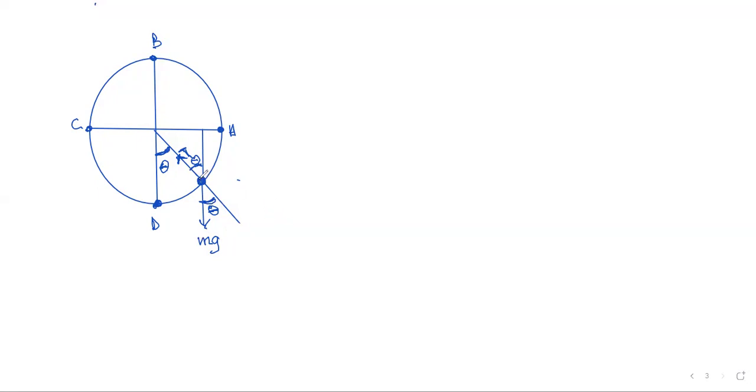All right. Now, if this is theta, then we have the weight vector mg tilted at an angle theta here. And in physics, whenever a vector quantity tilts at an angle, we resolve it into components. We need this component. We just need this component.